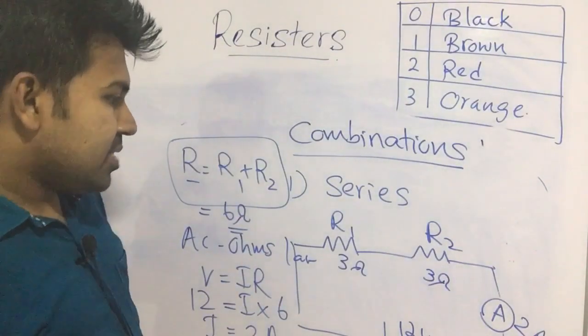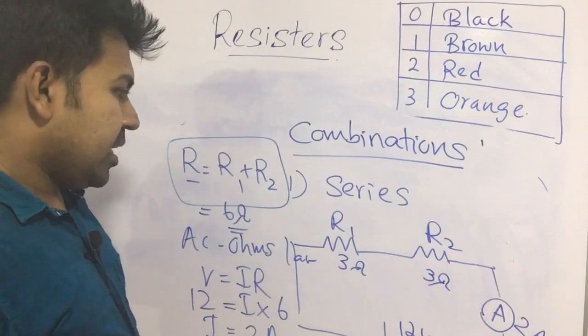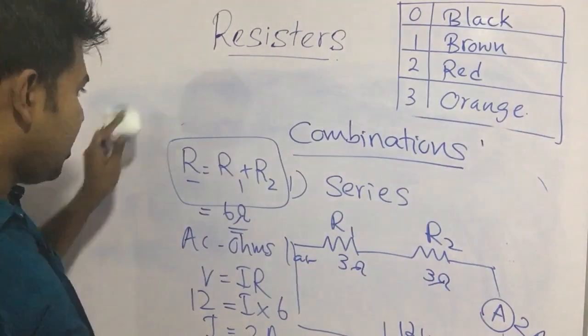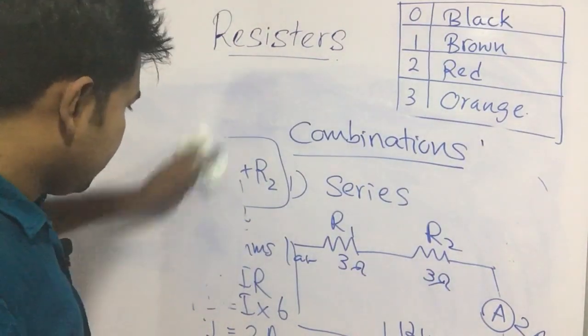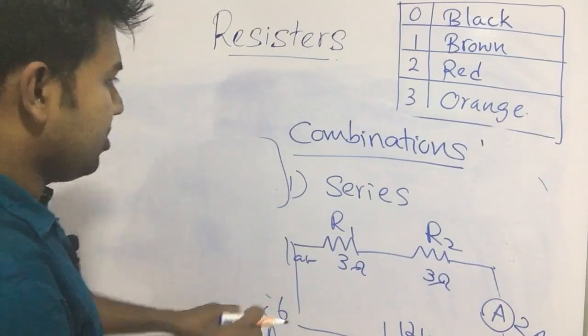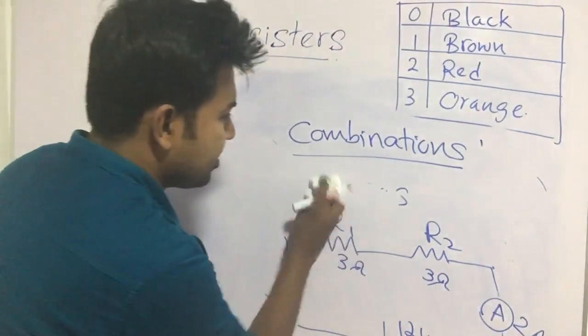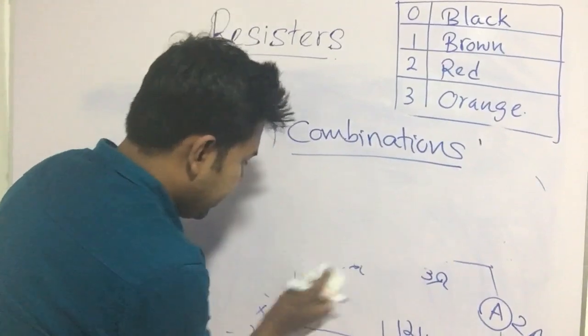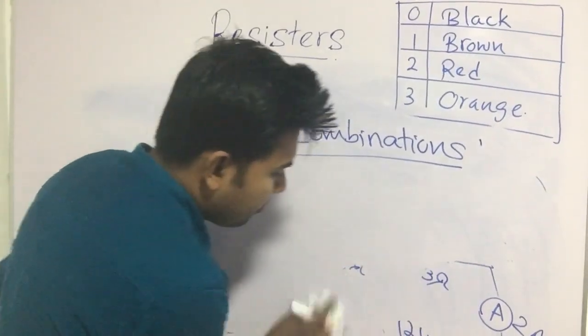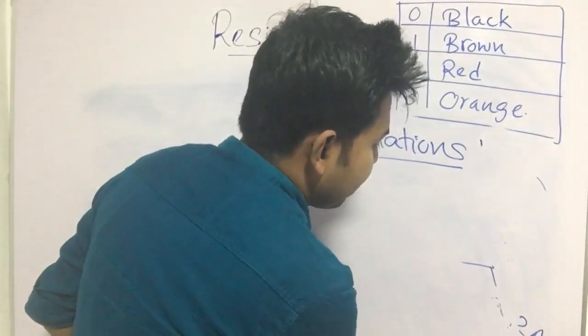So when we consider this question, it's like this. Then we will see if someone asks a different combination. So I talked about the series combination. Then the next type is parallel. So we will see a parallel connection.